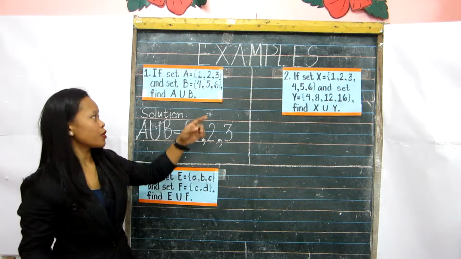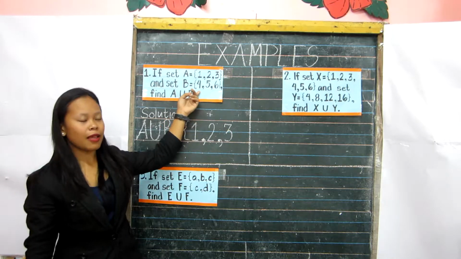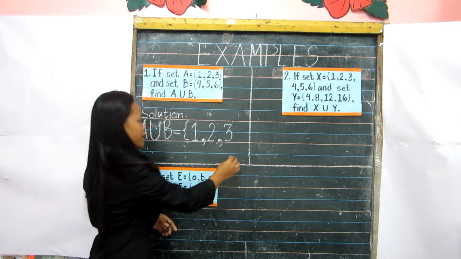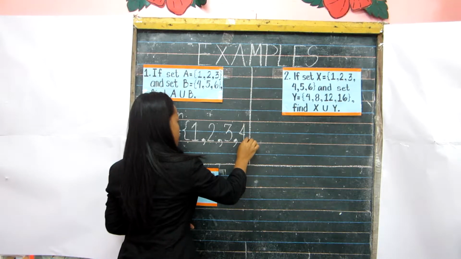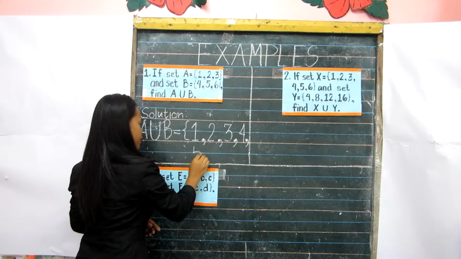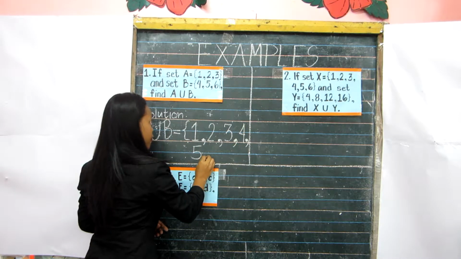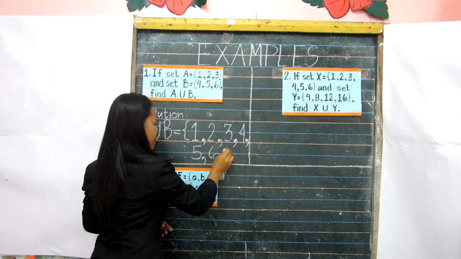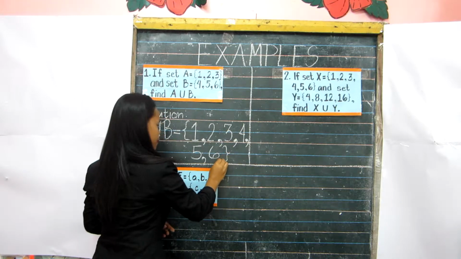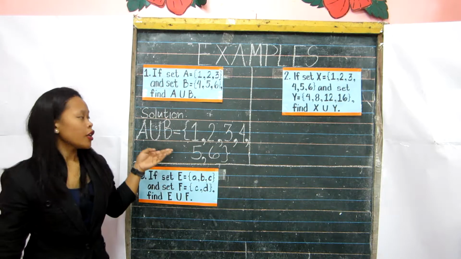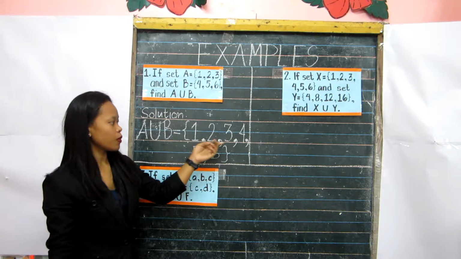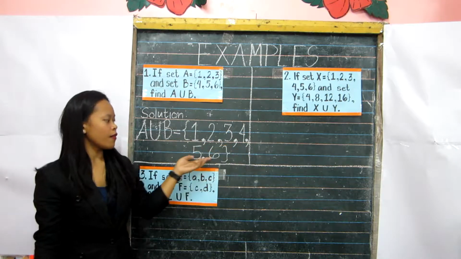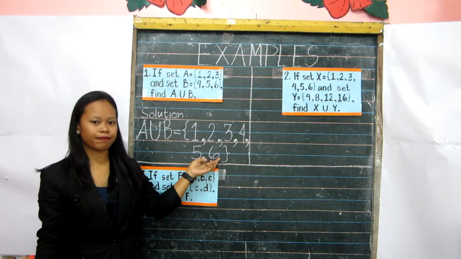Next, list the elements of set B, which is 4, 5, and 6. So our A union B has the elements 1, 2, 3, 4, 5, and 6.